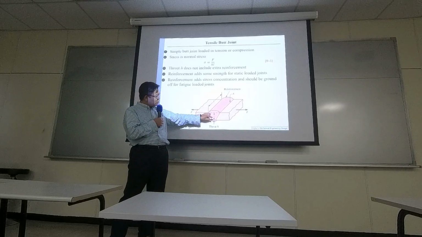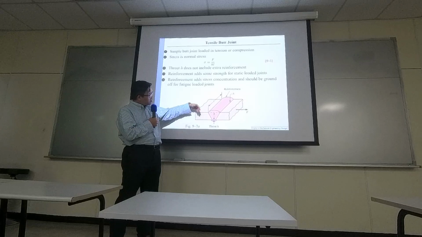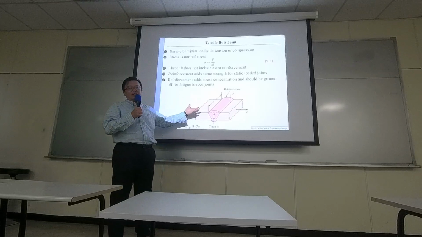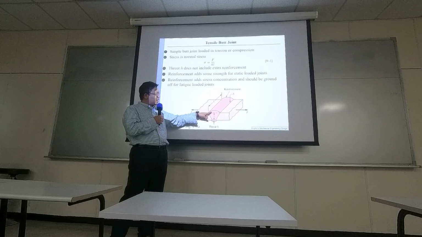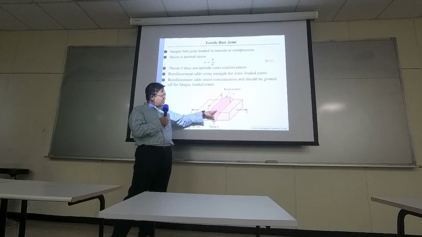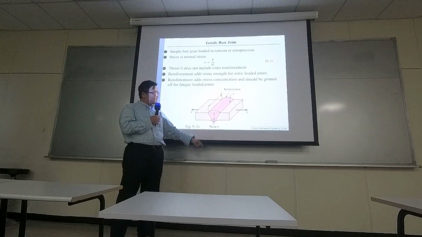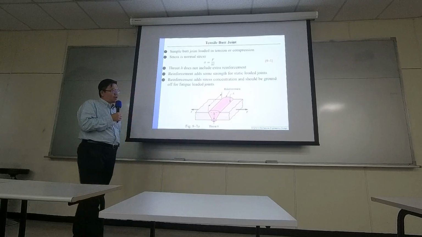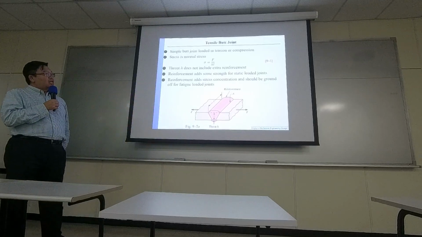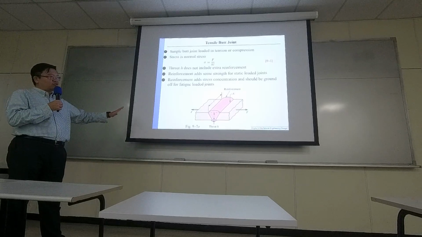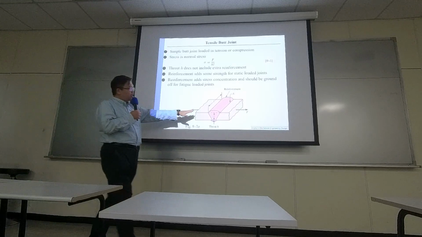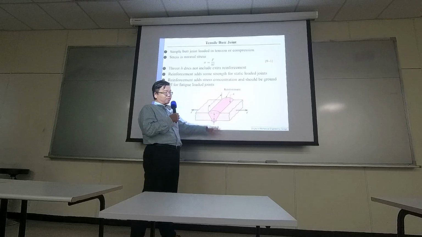Over here, we just simplify the problem. We don't focus on the extra material on the top or the bottom. Sometimes you have some extra materials. You can use any tools, like a grinder, to remove the extra material, that's fine.